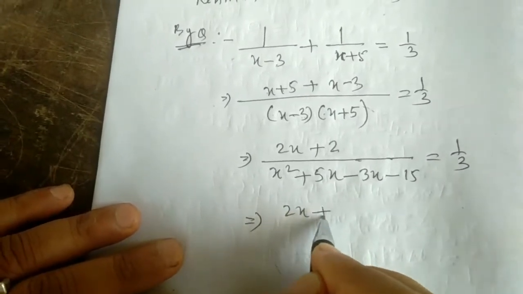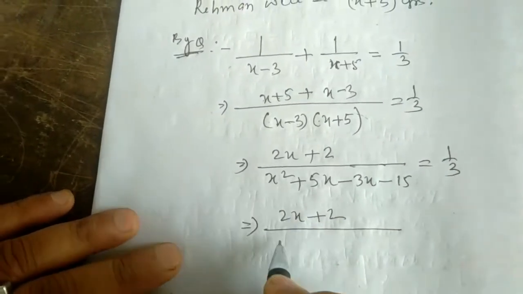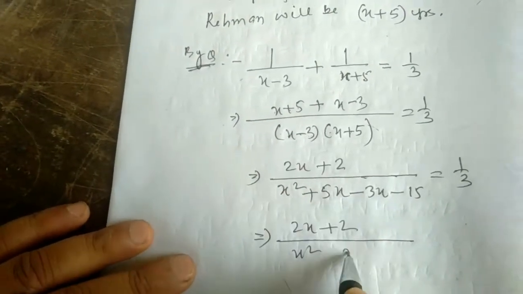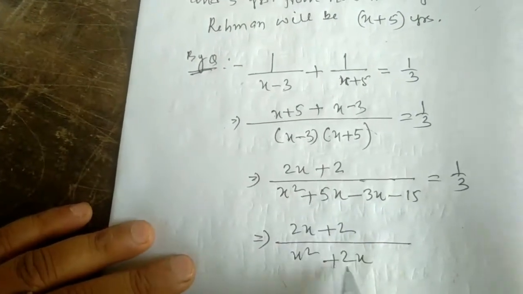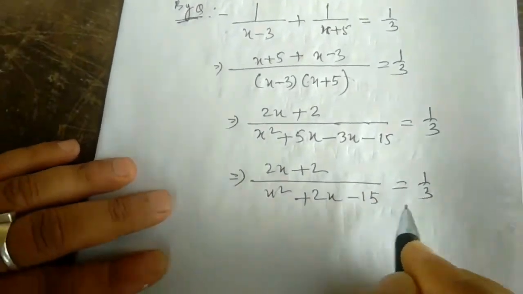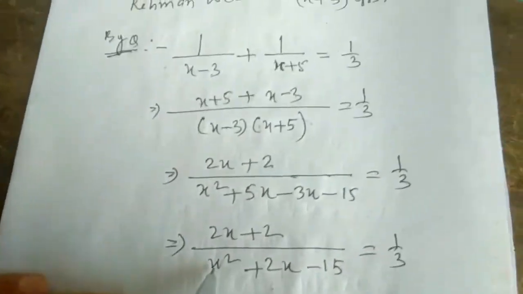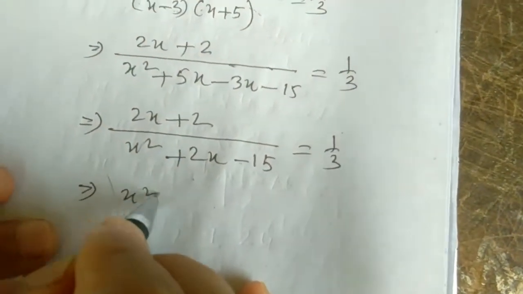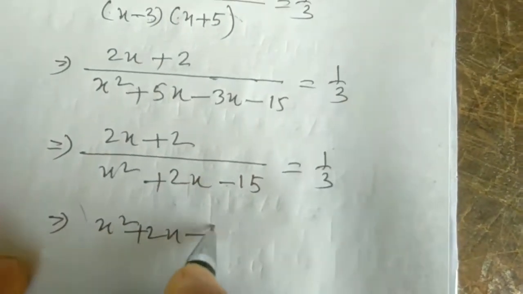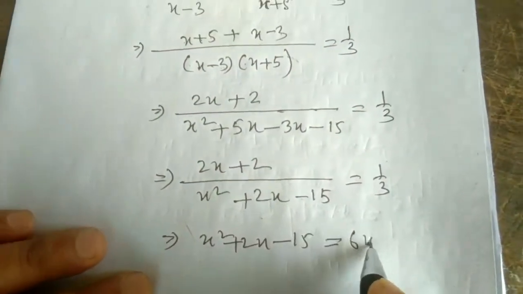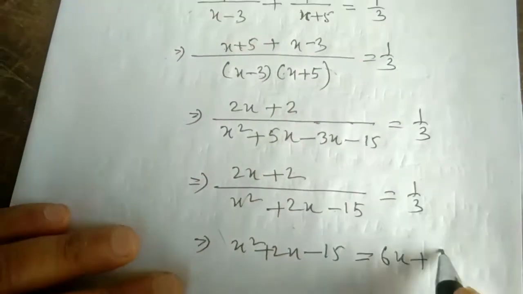So 2x plus 2 by x square plus 2x minus 15 equal to 1 by 3. Now cross multiply: x square plus 2x minus 15 equals 3 times 2 is 6x plus 3 times 2 is 6.